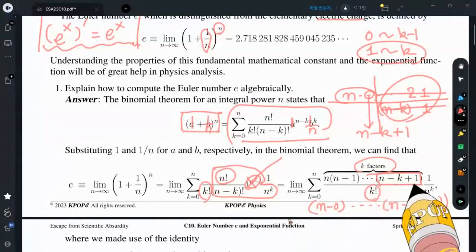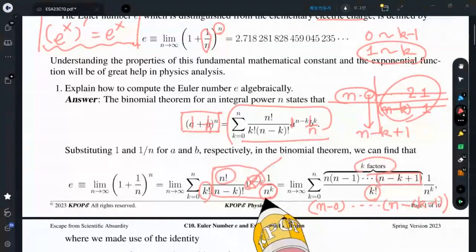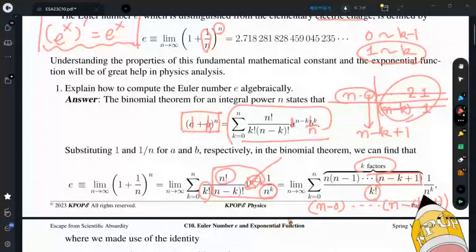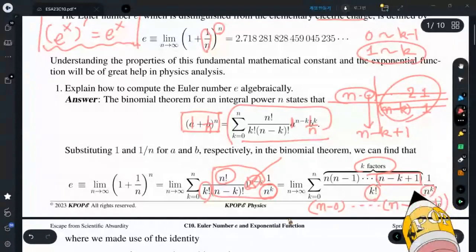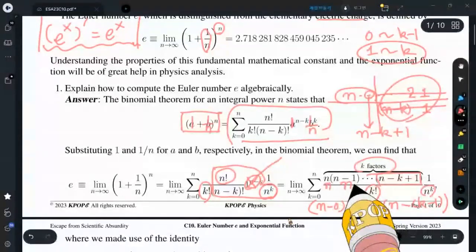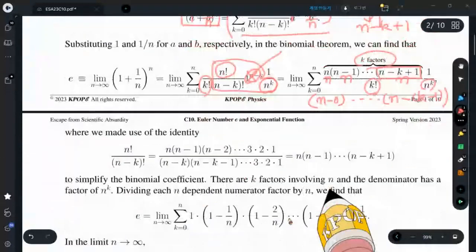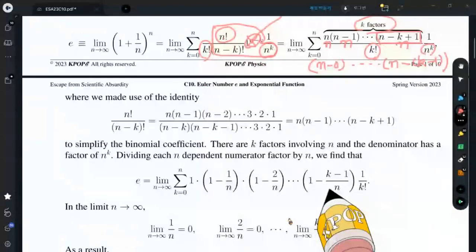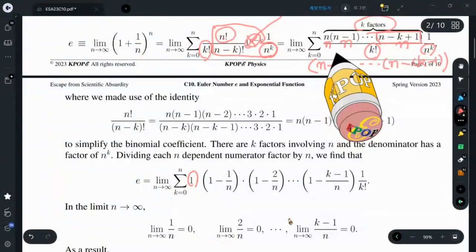We have k factors. However, we have the denominator that is n to the power of k. So I can distribute this power one by one and simplify the expression. That is n divided by n, that's 1.